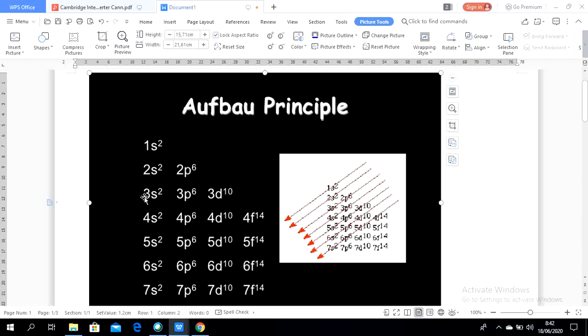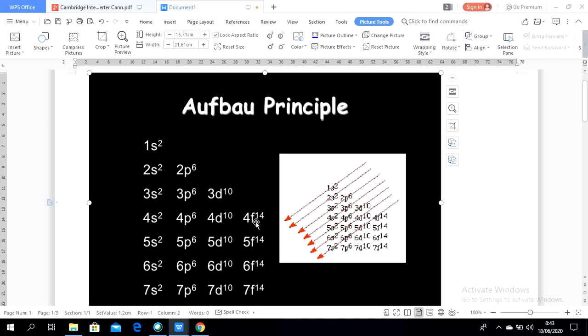And then in the third shell, there is an addition, D. The subshell D contains 5 orbitals, as I described before using the diagram from the textbook. And then the 4th, 5th, 6th, 7th shells contain an additional F subshell.